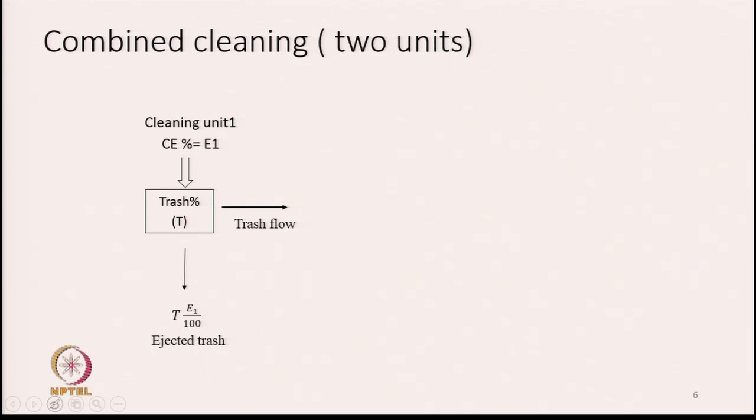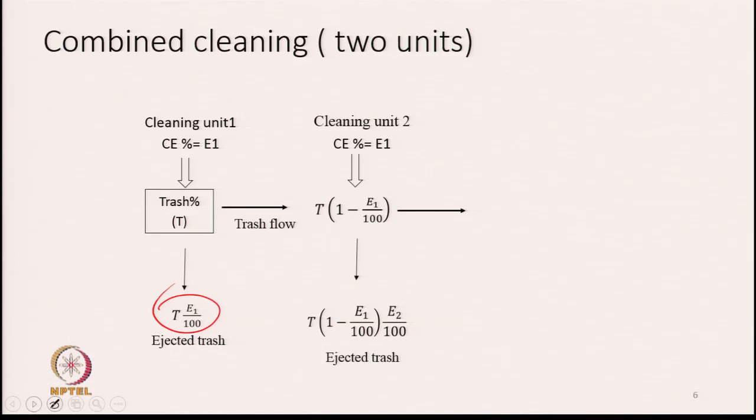The trash input to the machine is T. Therefore, the ejected trash is going to be T into E1 by 100, and the trash that flows forward to the next machine is going to be T minus T into E1 by 100. If I take T common, it will be T into 1 minus E1 by 100. So, this is the trash that flows to the next machine.